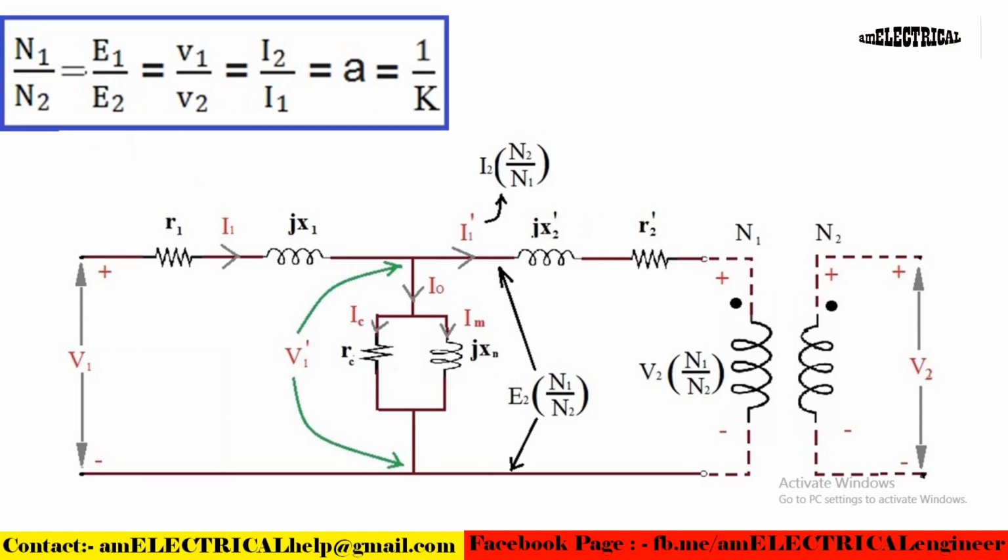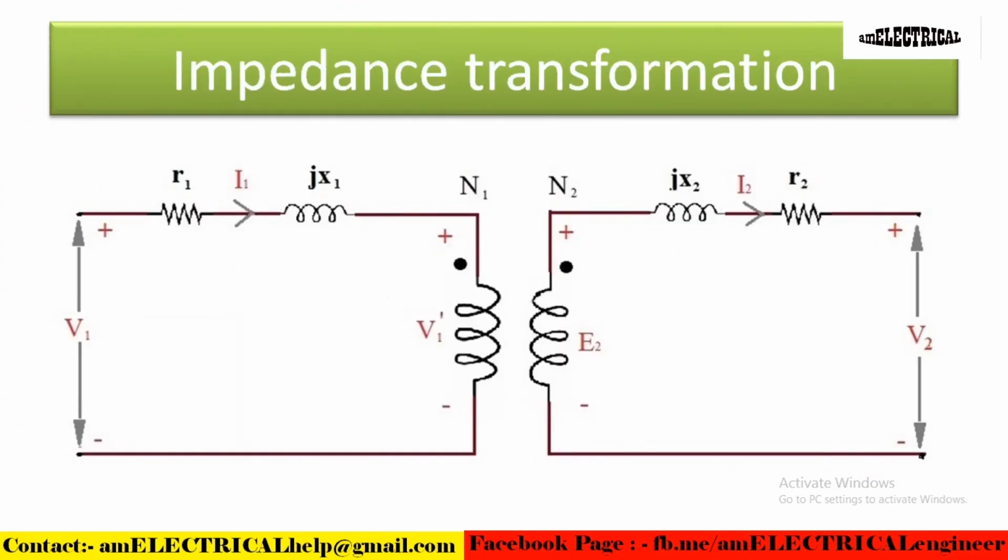In case of R2 and X2, we have to discuss the topic impedance transformation. Listen very carefully. Here, R2 and X2 are the secondary resistance and reactance respectively. If we refer them to the primary side, then R2 dash and X2 dash will be the referred or reflected resistance and reactance respectively.